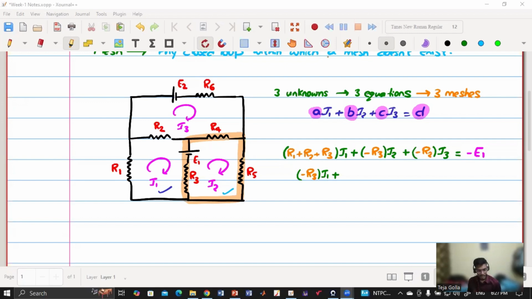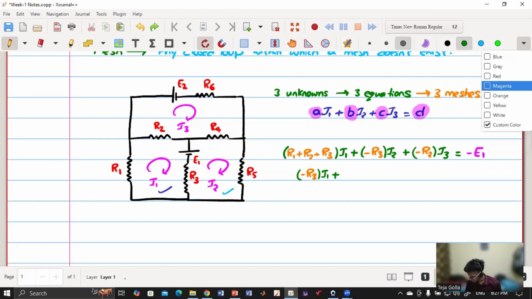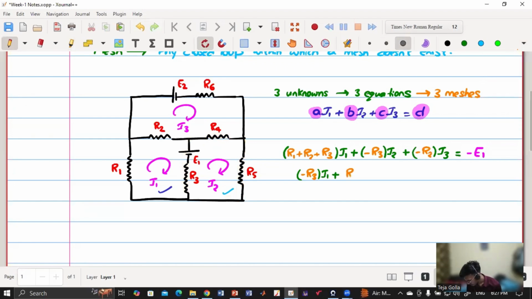Jnanandar has mentioned minus R3 into I1 plus R3 plus R4 plus R5 into I2 minus R4 I3 equals E1. Yes, very good. So the coefficient of I2 will be the sum of the resistances, which is R3 plus R4 plus R5, into I2. And what will be the coefficient of I3?